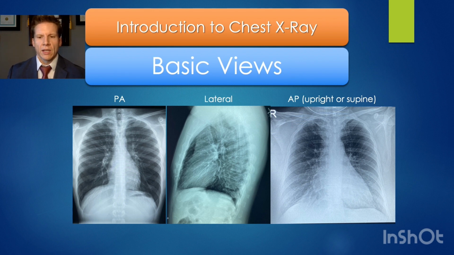We're not going to get into other special views, like inspiratory and expiratory views or a lateral decubitus view, for now. Those are all possible applications when you're assessing things like free air under the diaphragm or a pneumothorax, which we will get into in another lecture.